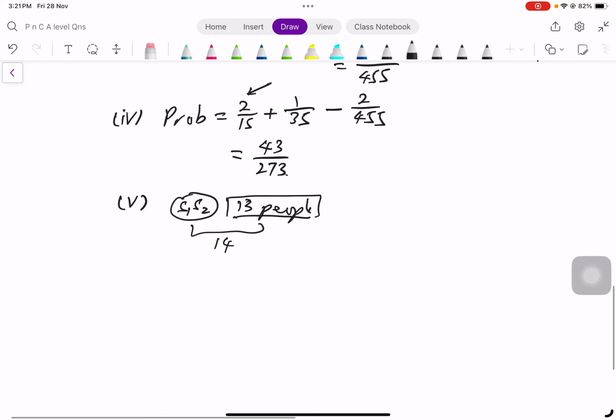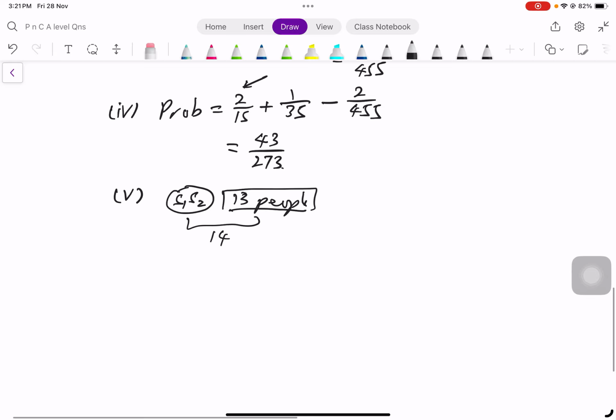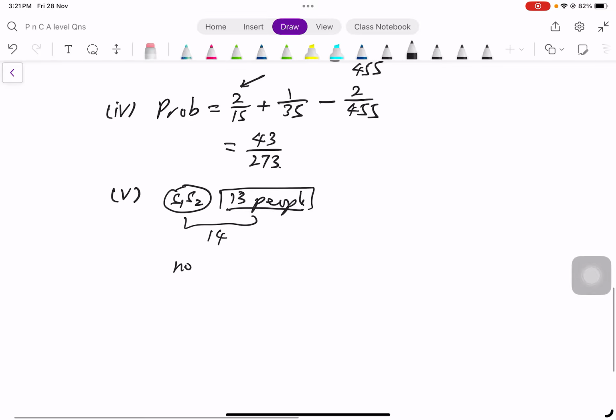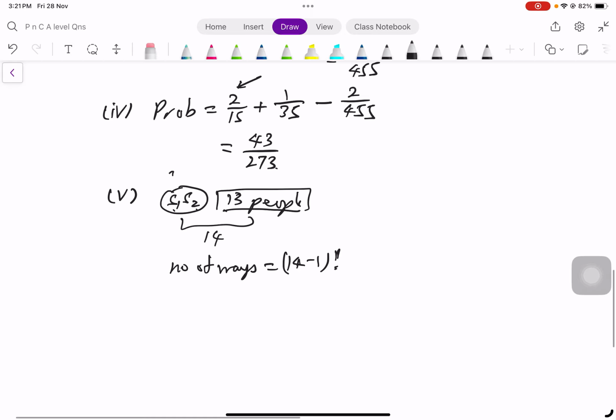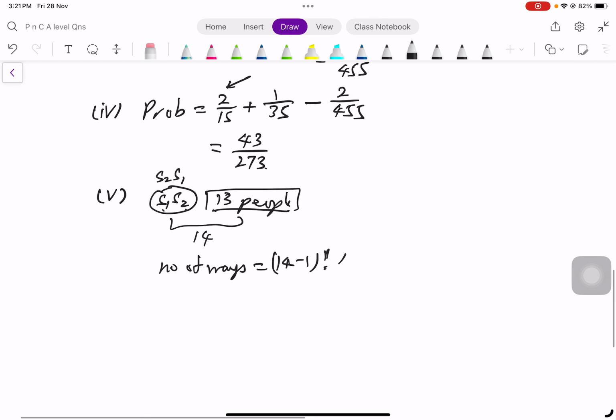The number of ways to arrange 14 objects around a circle is 14 minus 1 factorial. But when we say sisters are next to each other, it can be S1, S2, or S2, S1. Therefore, you multiply by 2.